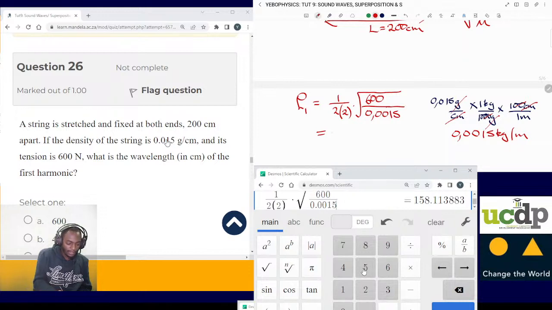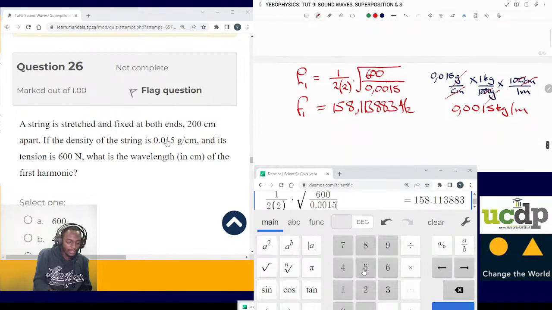So we get our fundamental frequency being 158.1138, I'll leave it there, or 883 hertz.